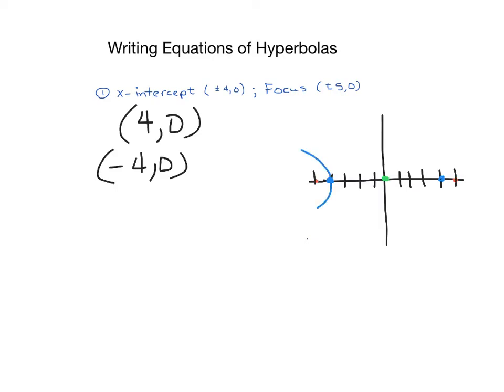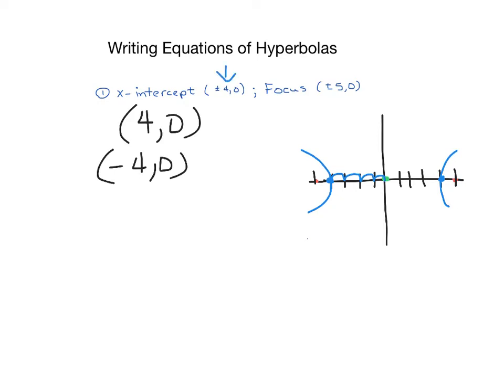Remember, the focus point is going to be inside that hyperbola. So I can also figure out my c value based on the focus. Remember, the distance from the center to the vertex gives me my a value. Notice that between green and blue here, there's 1, 2, 3, 4 spaces.